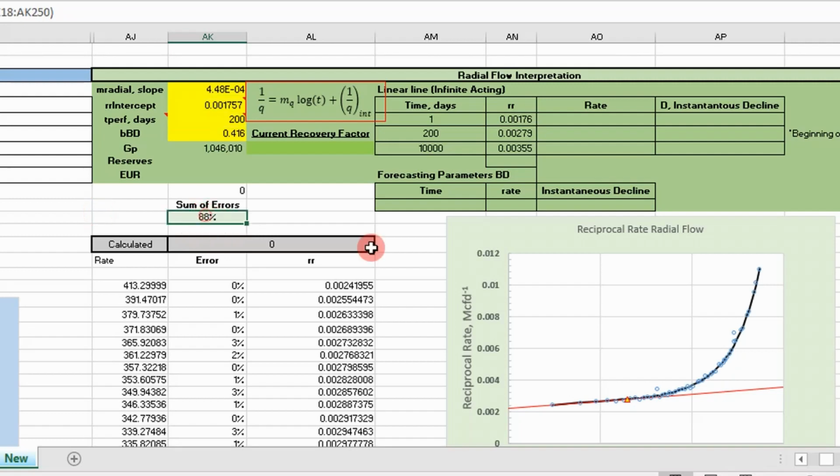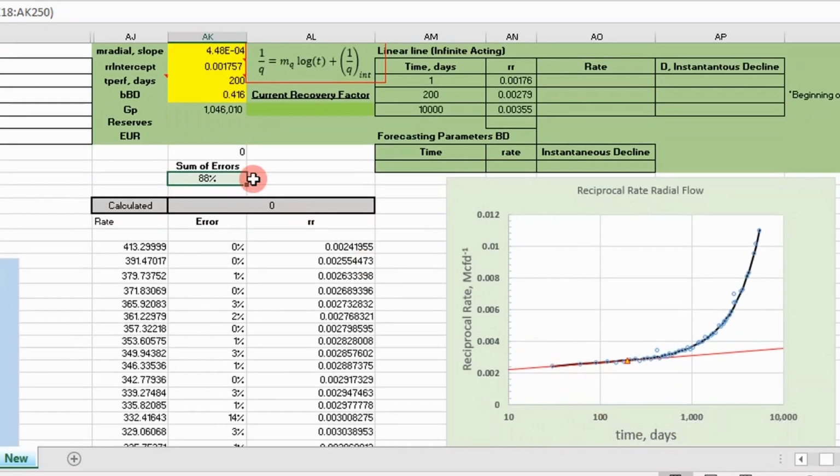And so we got a little better fit right there. It's slightly better. Went from 103% to 88%. I'm comfortable with this. I don't think there's any bad data points right here except maybe a couple. But that won't really influence our interpretation too much.